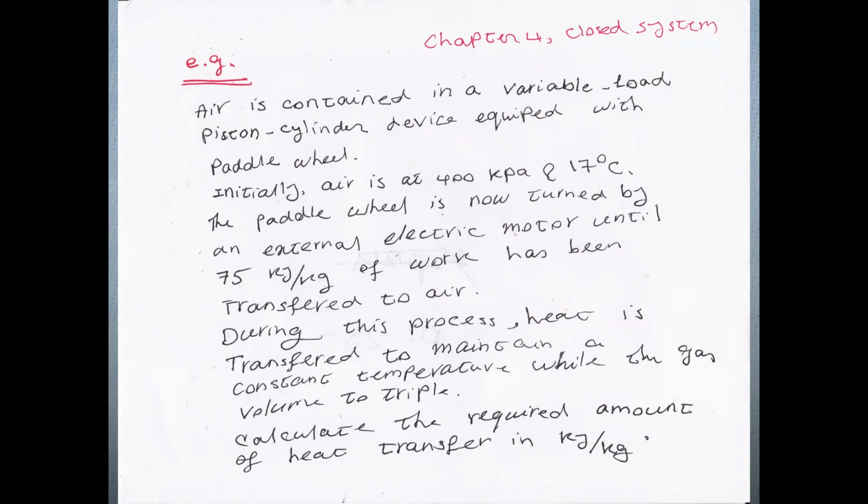Anyone? No, I'm not going to the next page because I have the solution on the next page. I just want to ask you guys, what do you think? So anyone can explain what happens to the right side of the energy balance equation, delta KE, delta PE, and delta U?